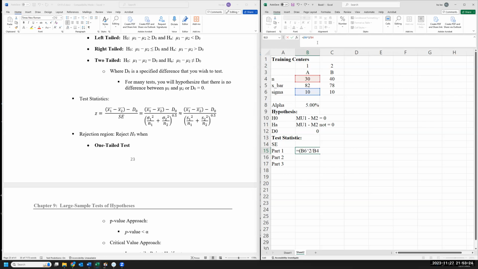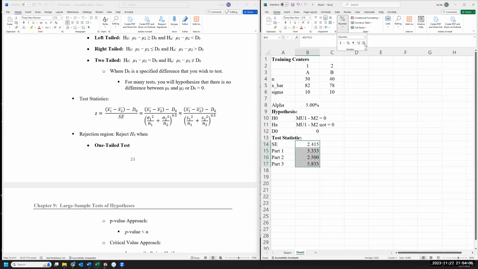I'm going to put parentheses around this to make sure it's nice and neat and the formula is correct. Part 2 is sigma squared divided by n2. And part 3 is this plus this. And standard error is this to the 0.5.